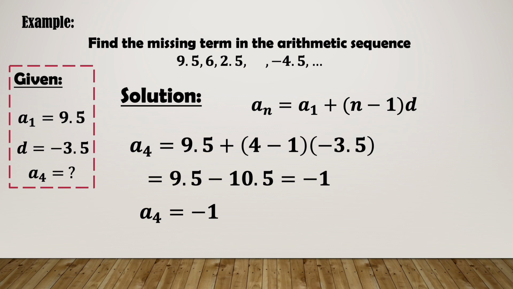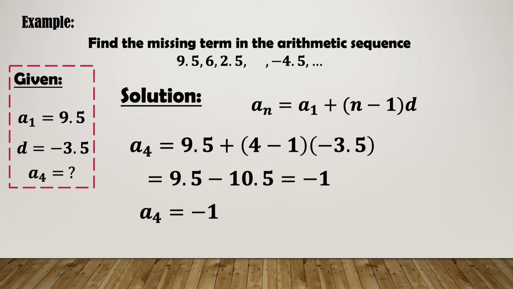So 9.5 minus 10.5 is equal to negative 1. 4 minus 1 is 3, times negative 3.5 is negative 10.5. So if we subtract it from 9.5, the value for a sub 4 will become negative 1.